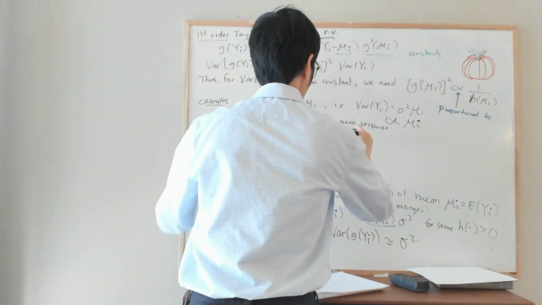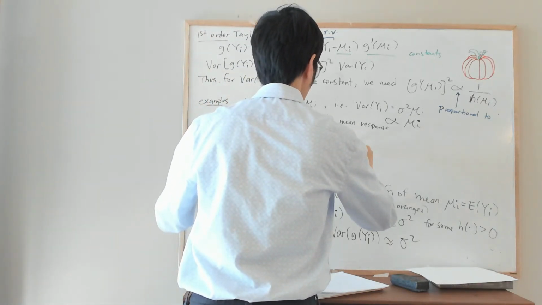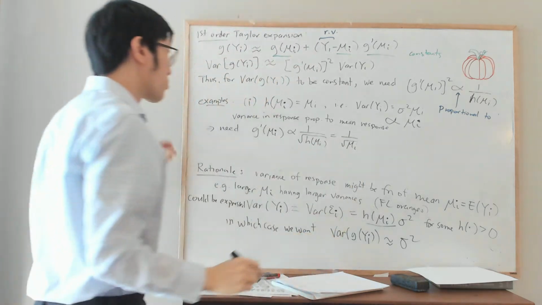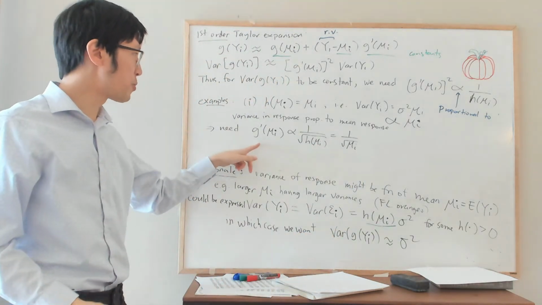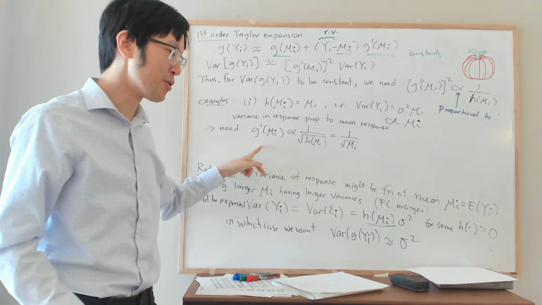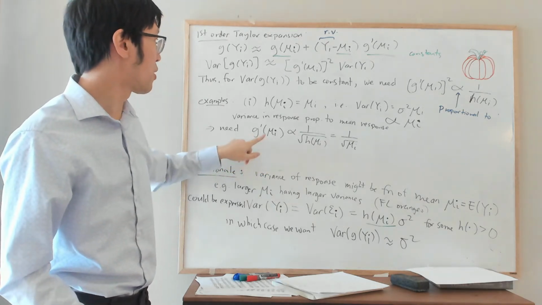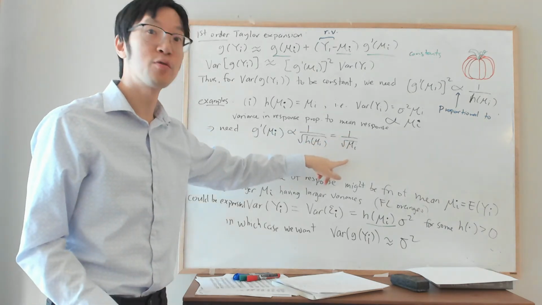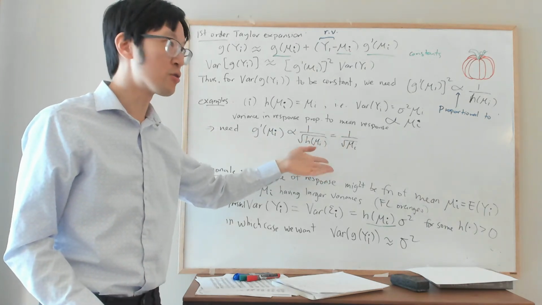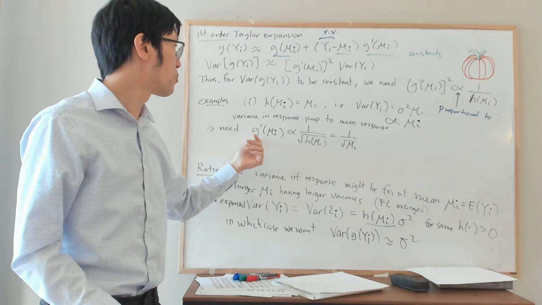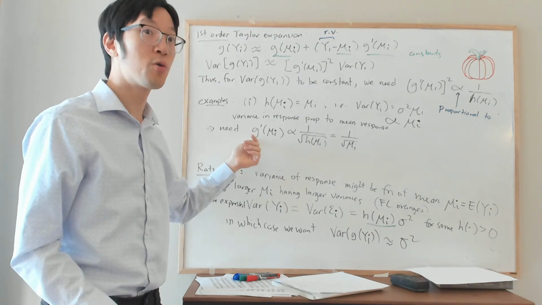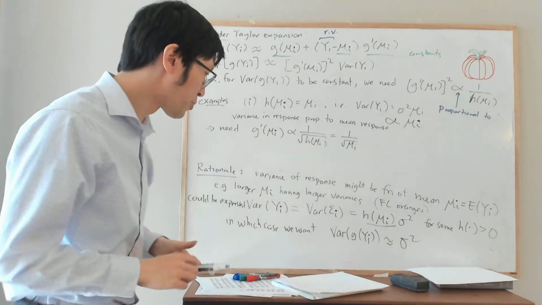So let's plug that in: 1 over root mu i. Now we just need to remember a little bit of calculus. What kind of function, after taking the derivative, will give us 1 over the square root of it? Therefore we recognize that g should be a square root function.